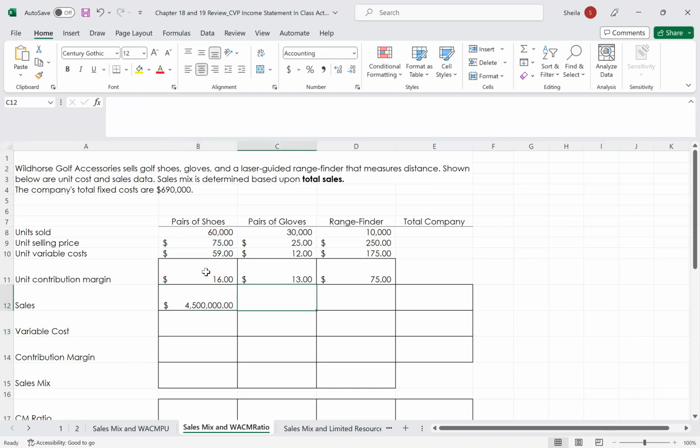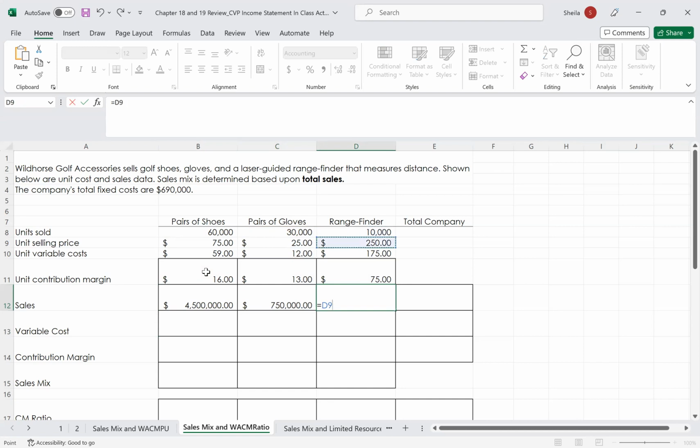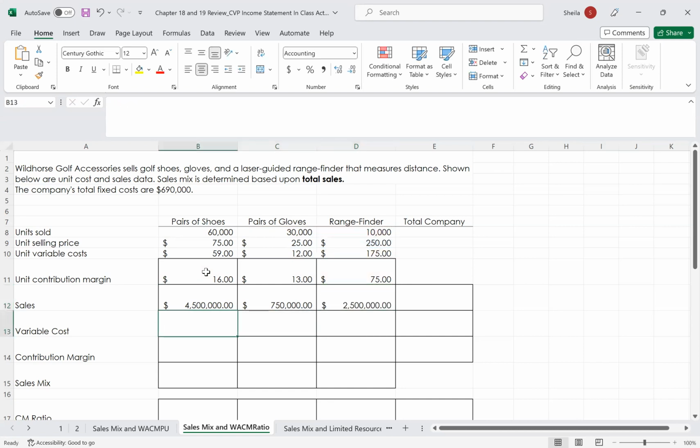Okay, so we're going to do the same thing for each of these. So selling price times quantity and selling price times quantity. For variable cost, we have our unit variable cost times quantity.